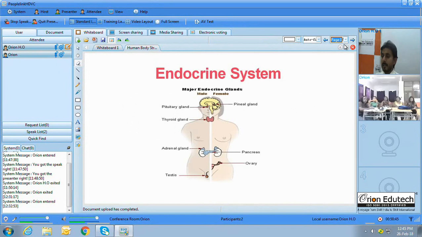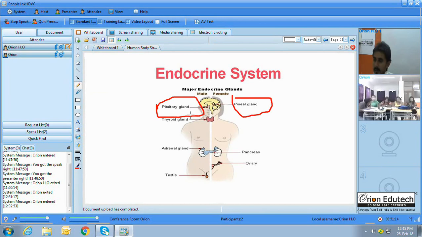Then the next system is the endocrine system. You can see in the diagram the endocrine system of the human body, in male and female, consisting of the pituitary gland, pineal gland, and thyroid gland. This one is the thyroid.